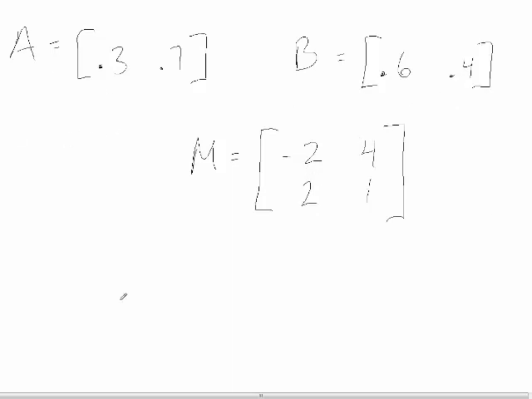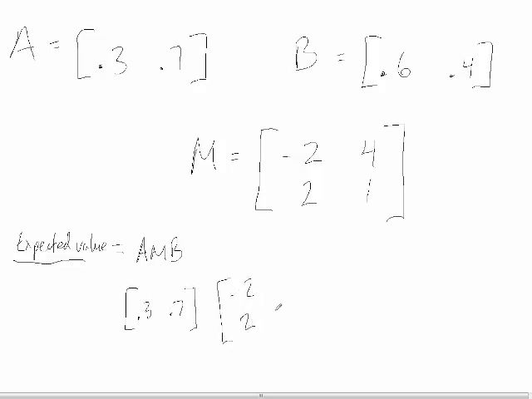Simply by using matrix multiplication, the expected value of the game will equal A times M times B. So we'll have A 0.3, 0.7 times M times B. We'll have a 1 by 2 multiplied by a 2 by 2.